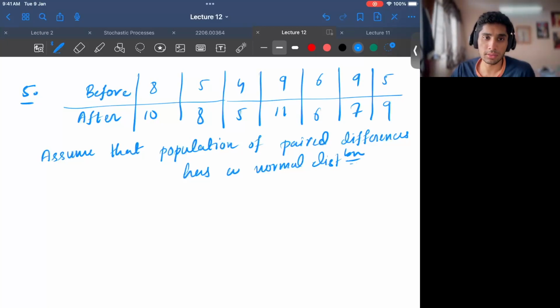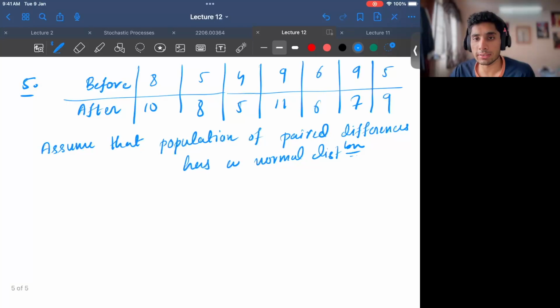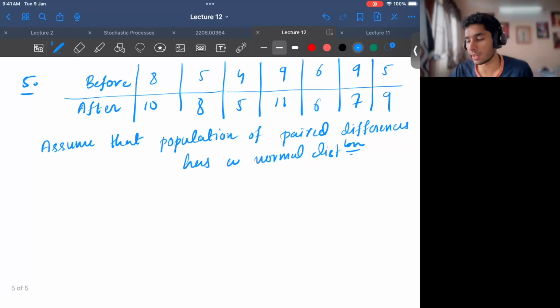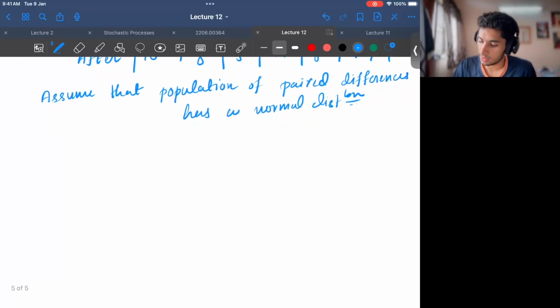So then the question is, what is the value of the test statistic and what is the critical point?